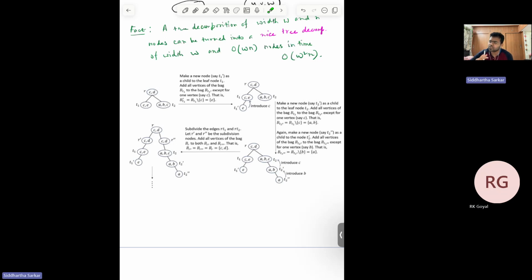But our purpose is just to get one of these nice tree decompositions so that we can run this dynamic programming algorithm. In terms of running time, it will not make any difference what the exact nice tree decomposition is. What will matter is the structure of the nice tree decomposition.